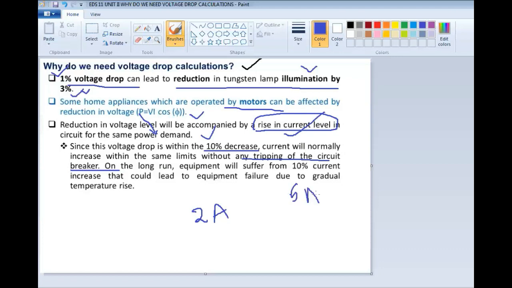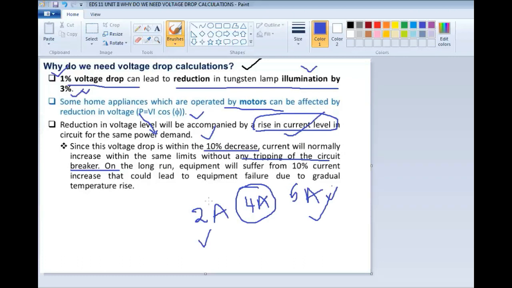The circuit breaker may trip at 5 amperes, the rated current is 2 amperes, but because of this decrease in the voltage level, the current will flow at a level of 4 amperes continuously for a long run. If it crosses 5 amperes, the circuit breaker will open the circuit so that all the equipments will be protected.